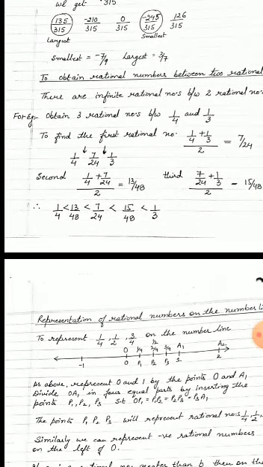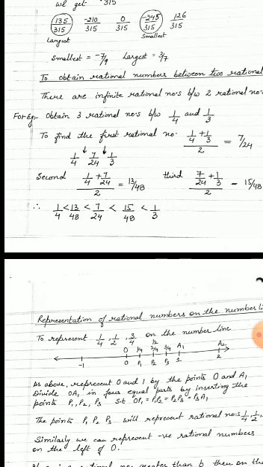The next concept which we study is how to obtain a rational number between two other rational numbers. Now, there are infinite rational numbers between two rational numbers, but there is a specific formula also which we apply over here.